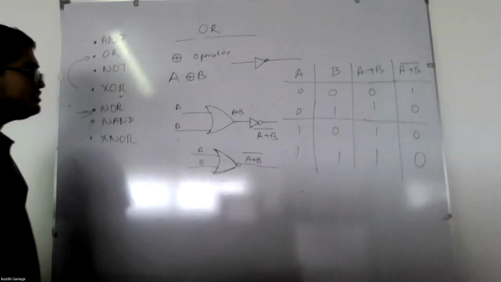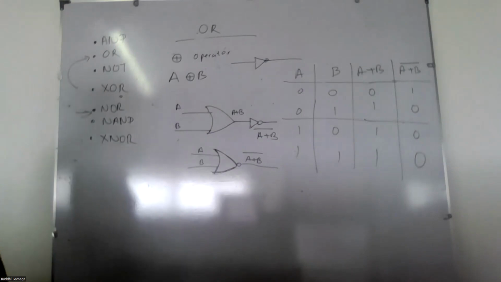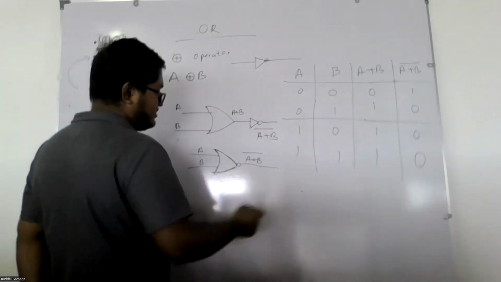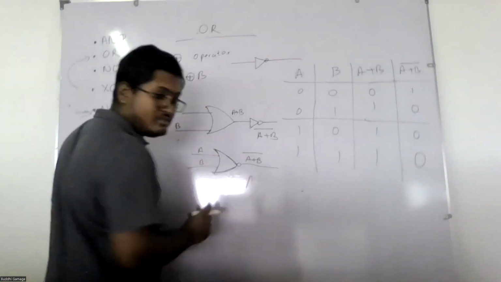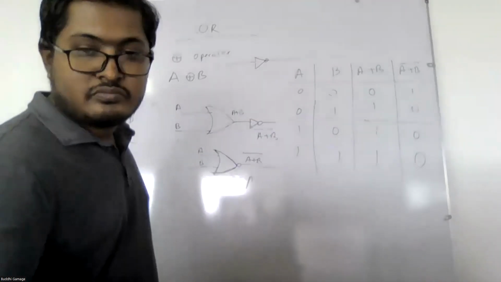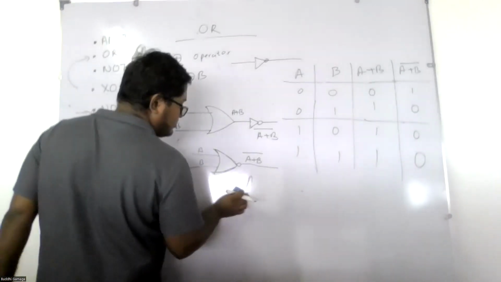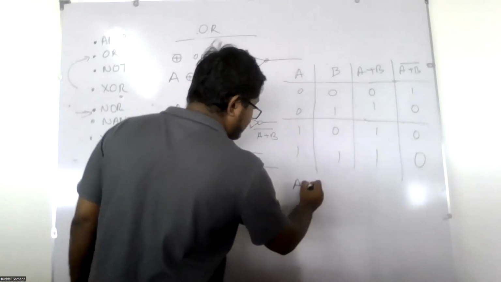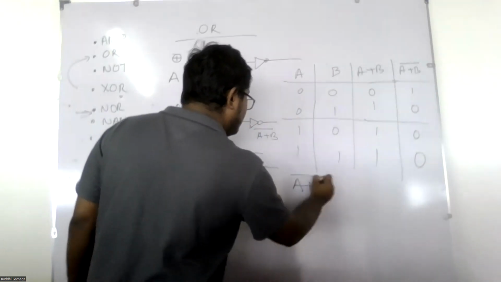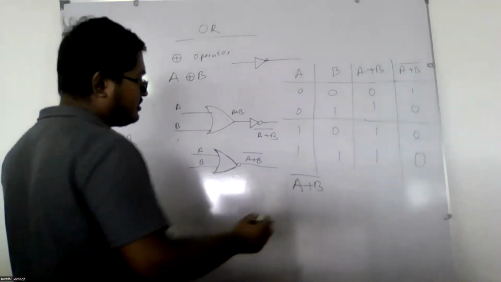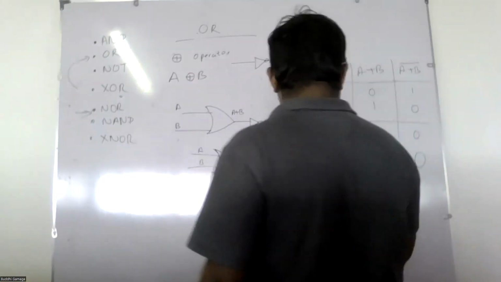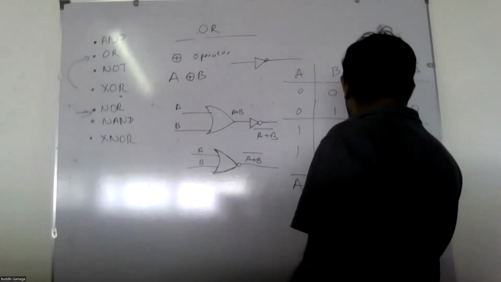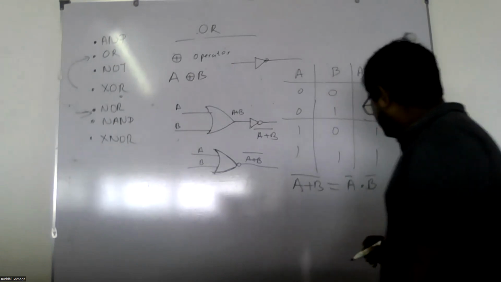I will also explain this in Boolean algebra. We can simplify this by using De Morgan's law into A bar dot B bar.